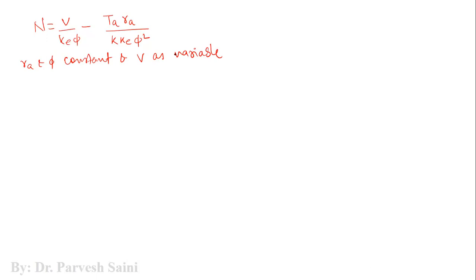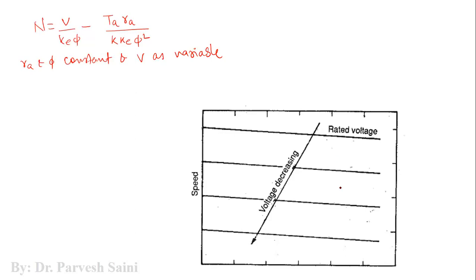Then what will happen? In this diagram, this is the armature torque. If we decrease the value of V, let us say V is 0, then N is equal to minus Ta Ra divided by K E phi square.